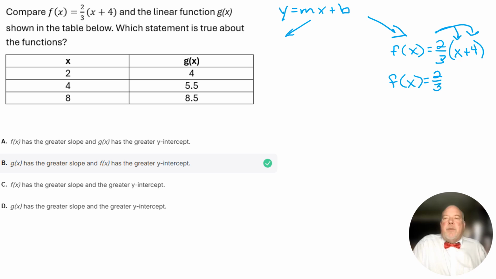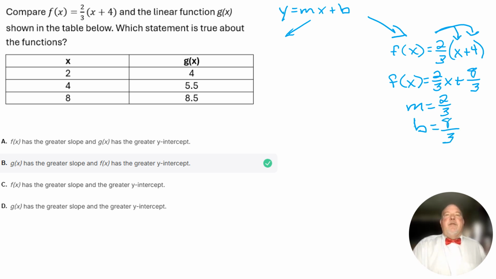There's my slope. And then plus 8/3, so 2/3 times 4, and that's my y-intercept. All right, so for f of x, I have an m that's equal to 2/3, a slope, and I have a b, or a y-intercept, that's equal to 8/3.